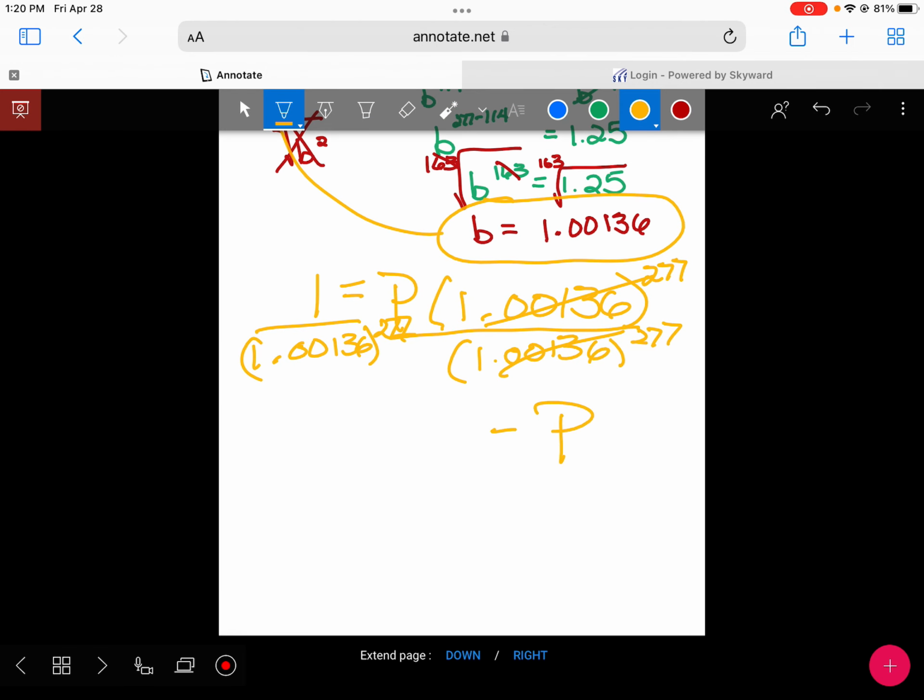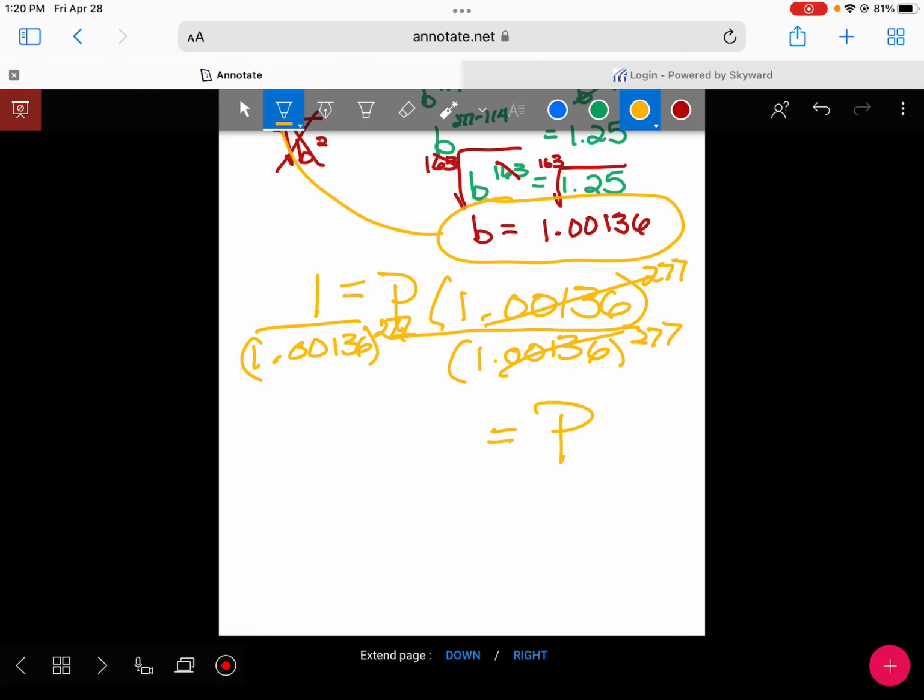P is equal to, okay, 1 divided by, I'm going to do parentheses, 1.00136 raised in parentheses to the 277th power. Please work, please work. Yay!